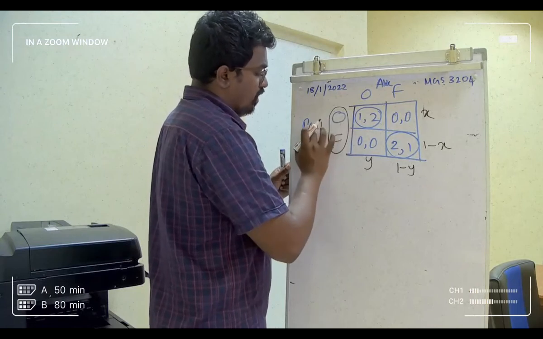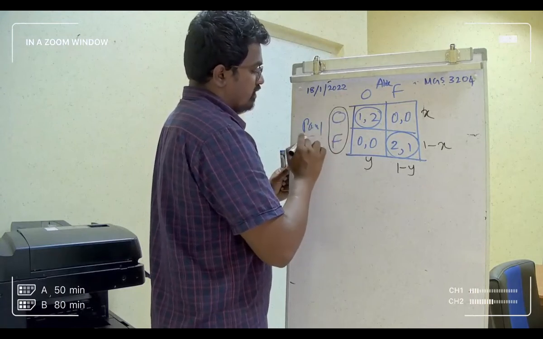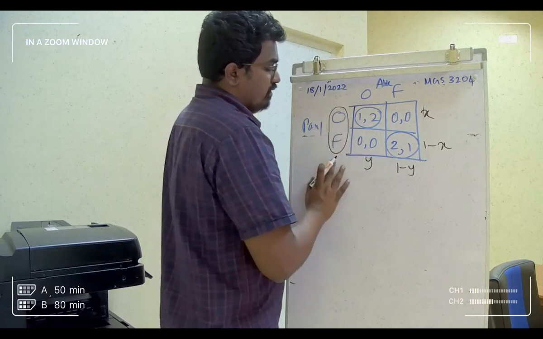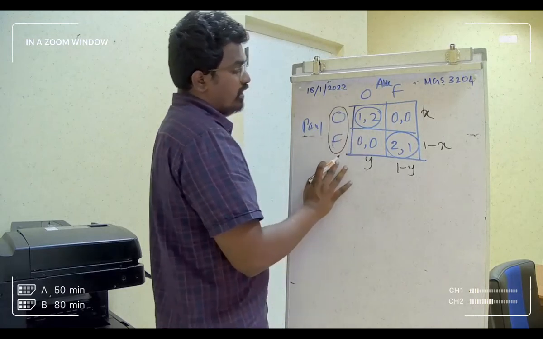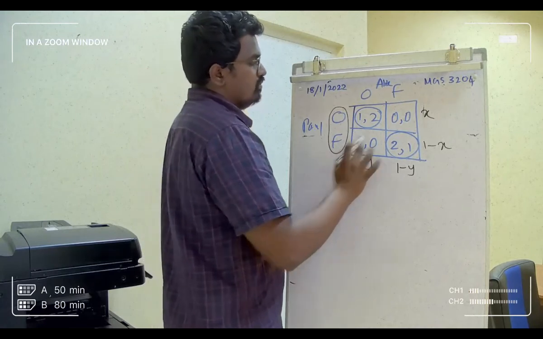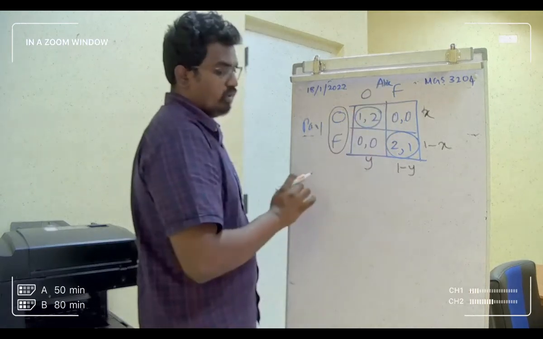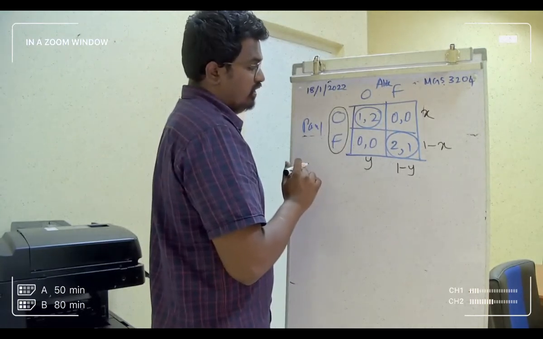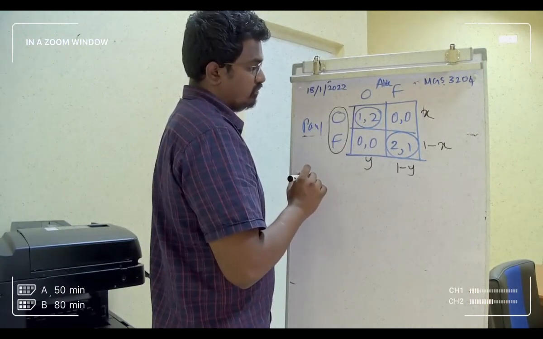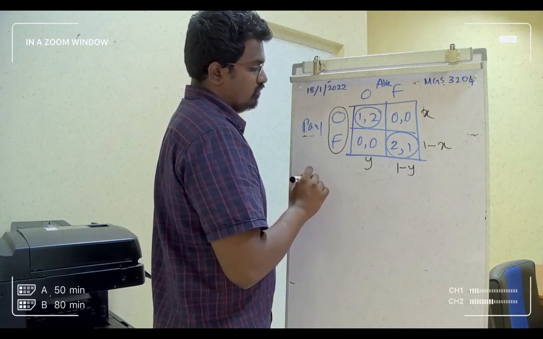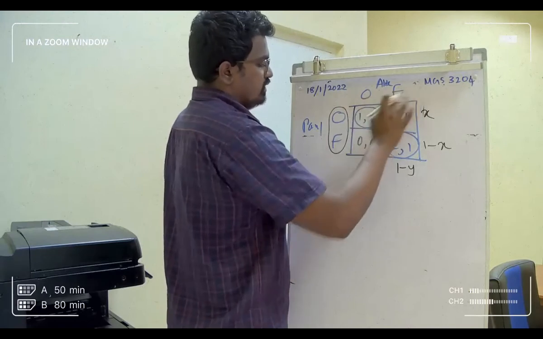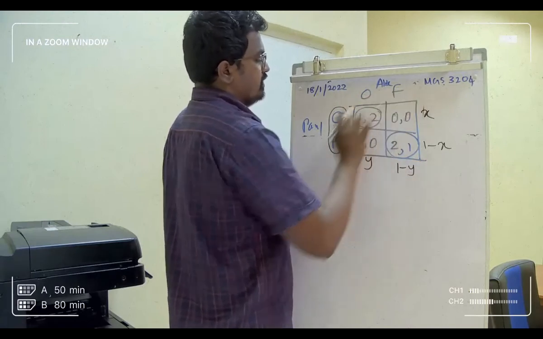Now for Paul, we'll think of it this way. These are the pure strategies that Paul can mix up. For Paul to be indifferent between his choices, what do we need to have? Alice has chances of y and 1 minus y with her choices.